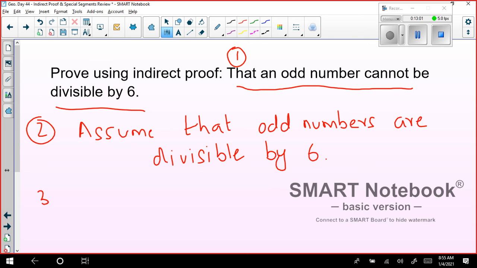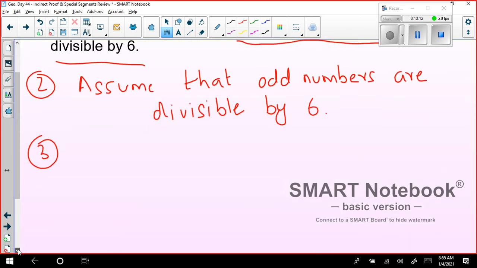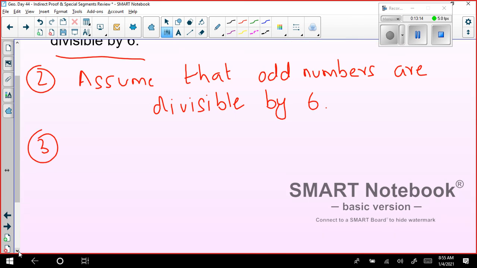In the third step, we use reasoning and we show that our assumption is false, or we have a contradiction. That's what we have to show in the third step. We know that an odd number is not divisible by 2.